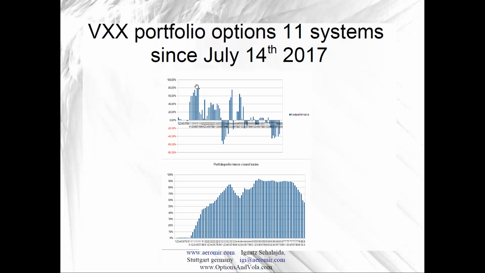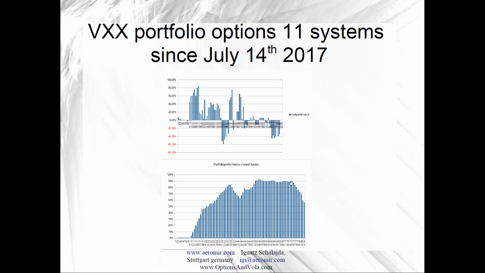Here you see the performance of each trade. Here there was a good way up. Here this was, of course, February the 5th, here to the downside, then another new all-time high.